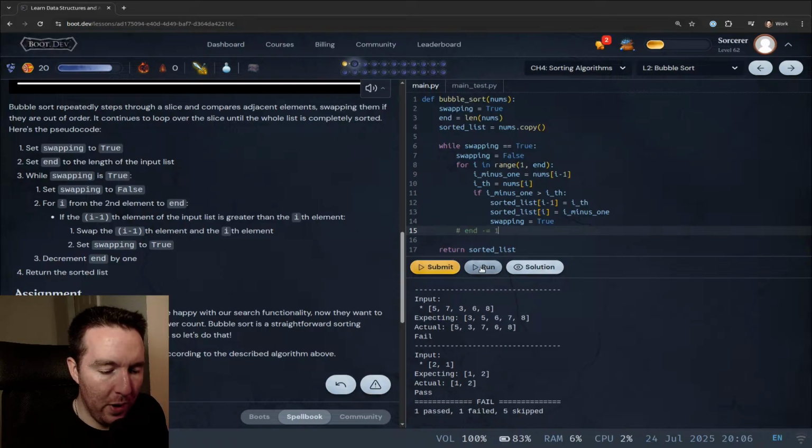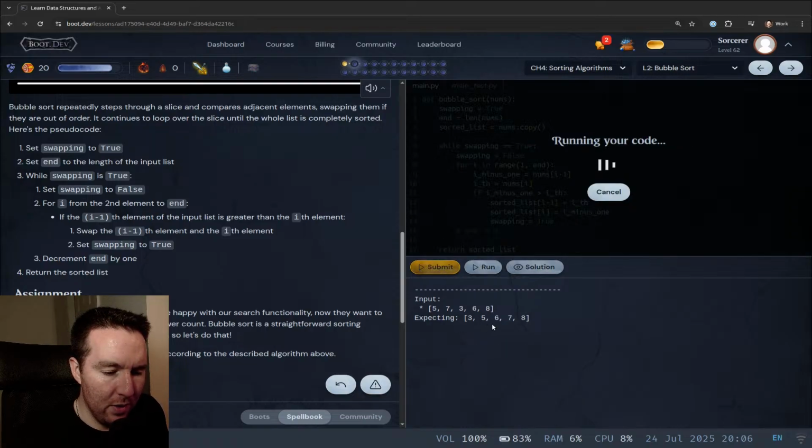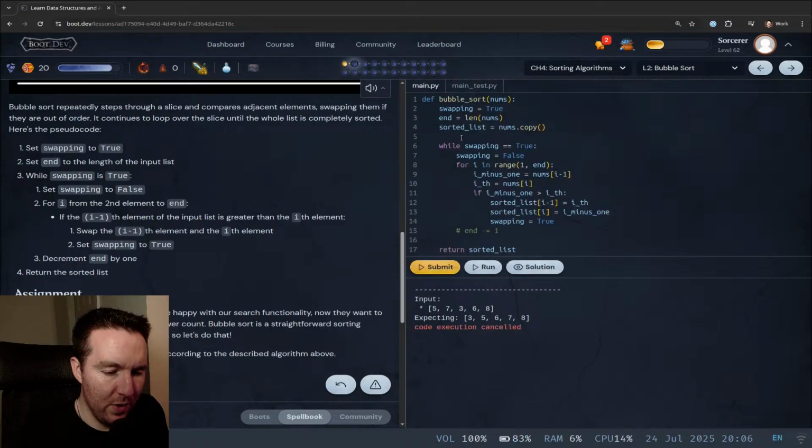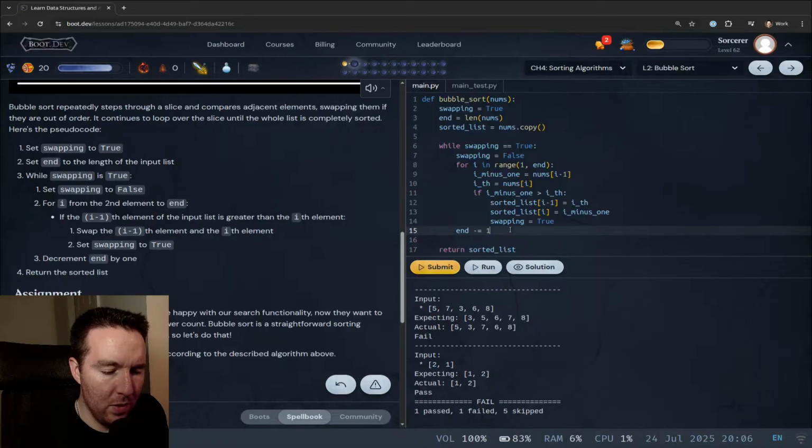Like, I'm not sure about that part. Okay, infinite loop, fair enough. What if we're only decrementing if there's a match? Doesn't really make a difference because it seems to be dependent on.